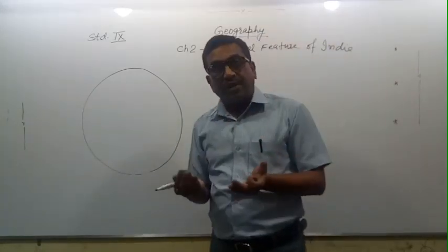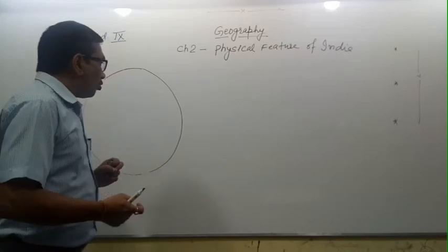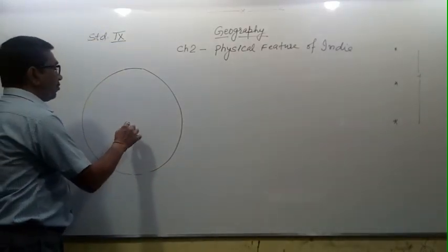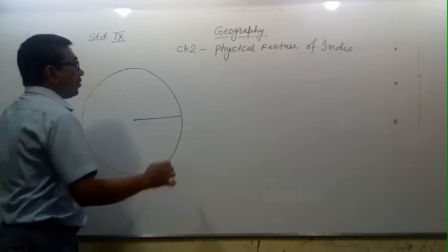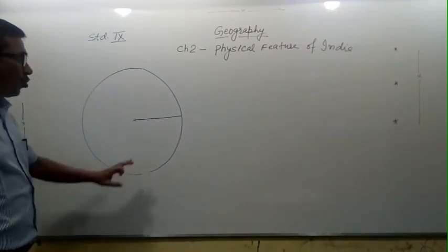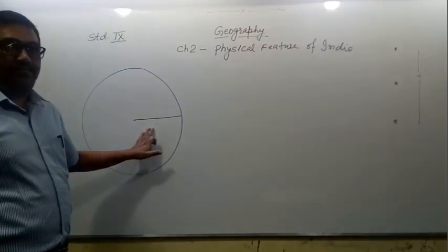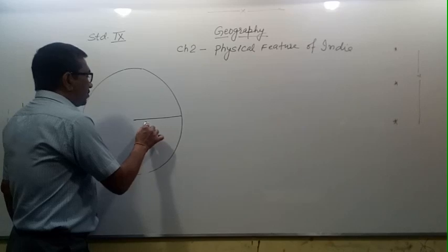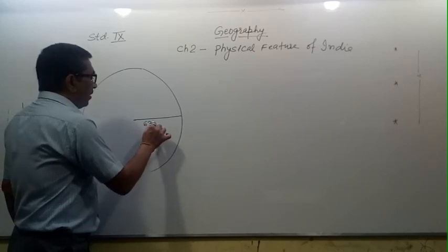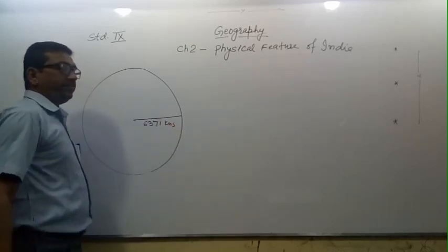If it is a sphere, mathematics says that it must have a center. So this sphere will have a center somewhere. Now that there is a center, this is the radius. I do hope you have understood it. This radius is 6,371 kilometers.